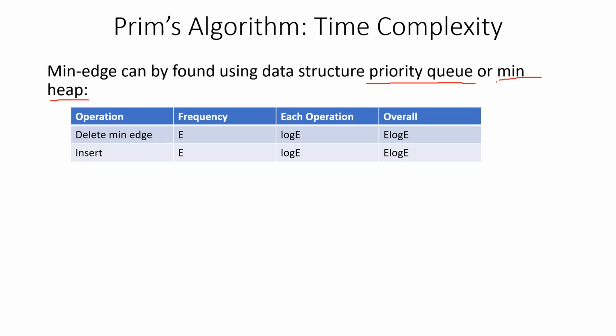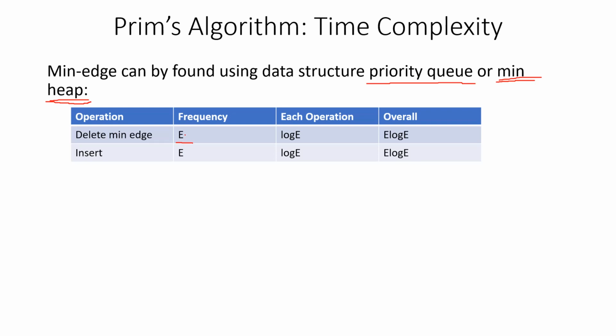Or we can use a min heap, which is a type of binary heap where the root is the minimum value among all the values. We can use a min heap to keep the weights of the edges, and it allows us to always choose the edge with the minimum value.